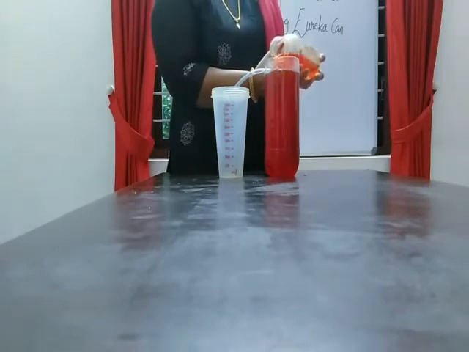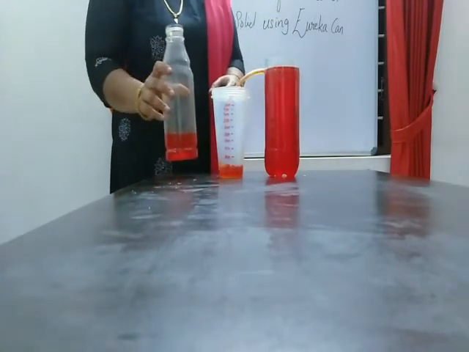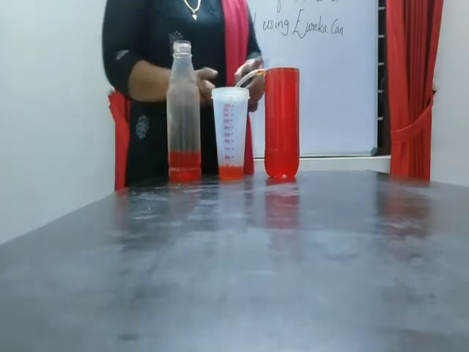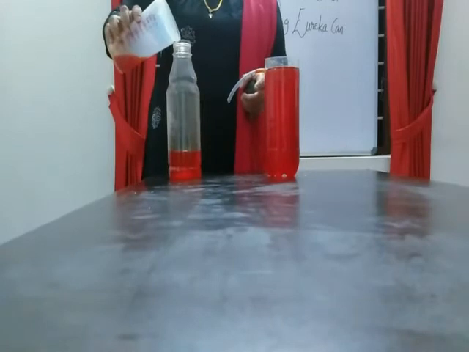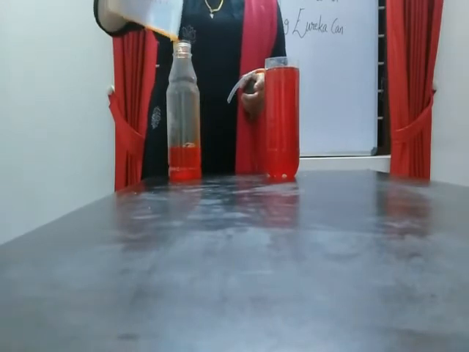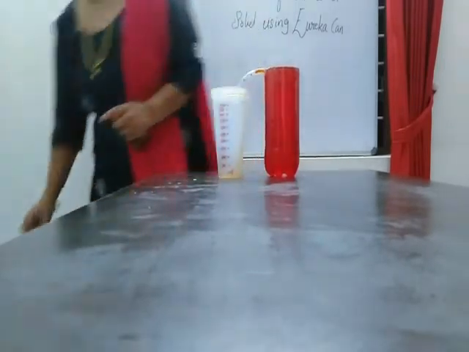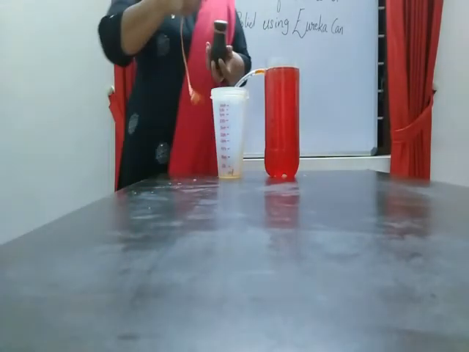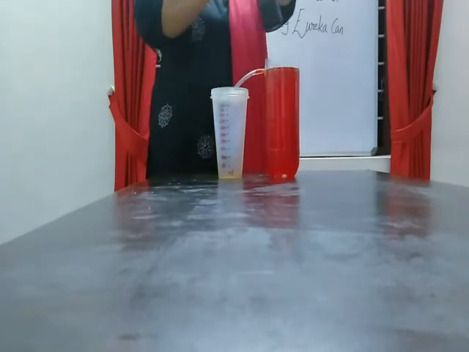The excess water, you can see, will pass through this spout and will be collected in the measuring cylinder. Okay, once it is over, now I am going to immerse this irregular solid into this Eureka can.